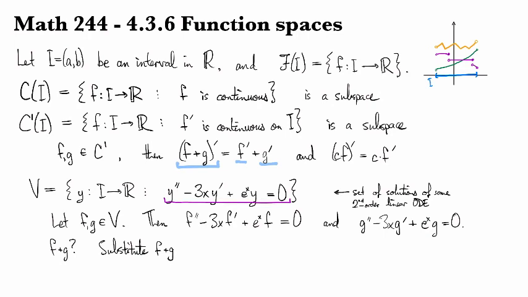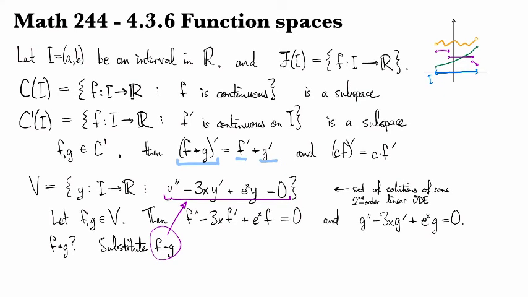So I'm going to have to substitute f plus g into that equation and see what happens. So when I do that, I get (f plus g) double prime minus 3x (f plus g) prime plus e to the x (f plus g) equals 0. Or sorry, no, we don't know that it equals 0. That's what we want to check.